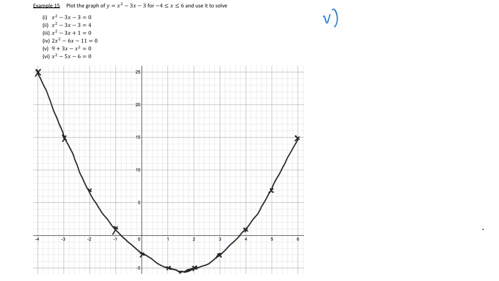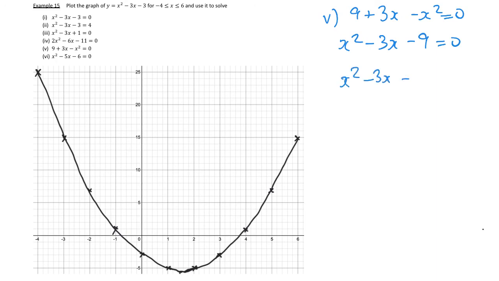Part 5 is 9 plus 3x minus x squared equals 0. So if we take everything to the other side, or alternatively divide through by a minus, we get x squared minus 3x minus 9 equals 0. We need to get from the equation to the graph. So the graph was x squared minus 3x minus 3 equals 0. The x squareds and the minus 3x match up. We just need to get from minus 9 to minus 3. And to do that we add 6.